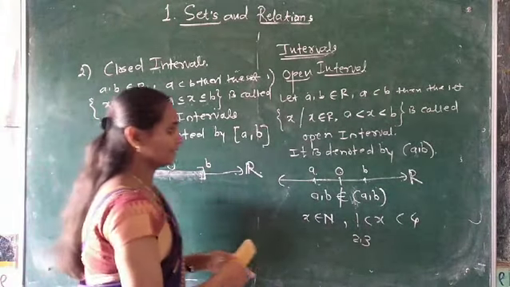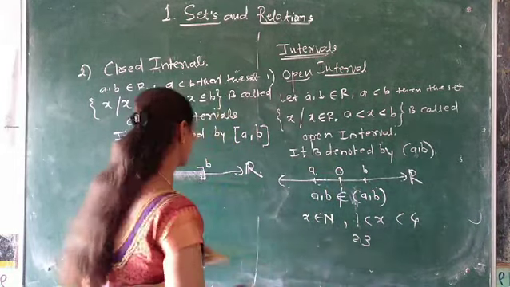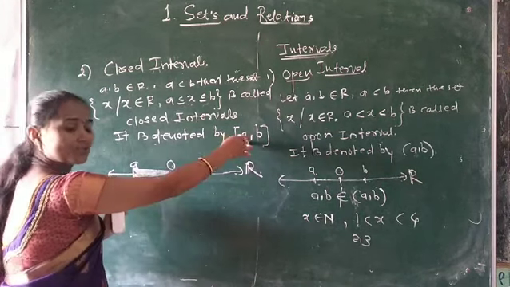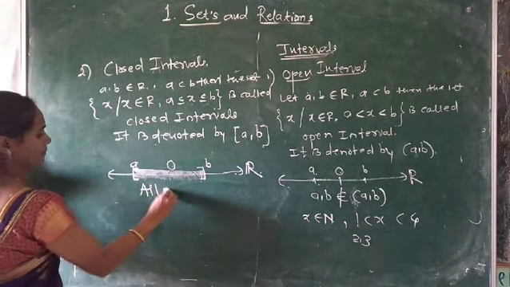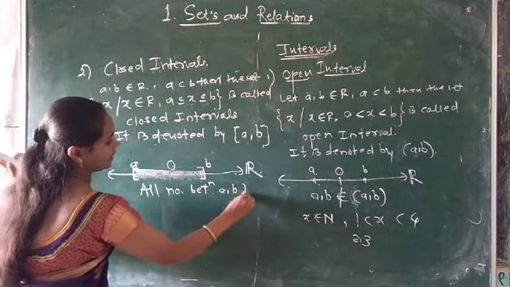But in an open interval, the boundary points are not included in the set. So all the numbers between A and B belong to closed AB.